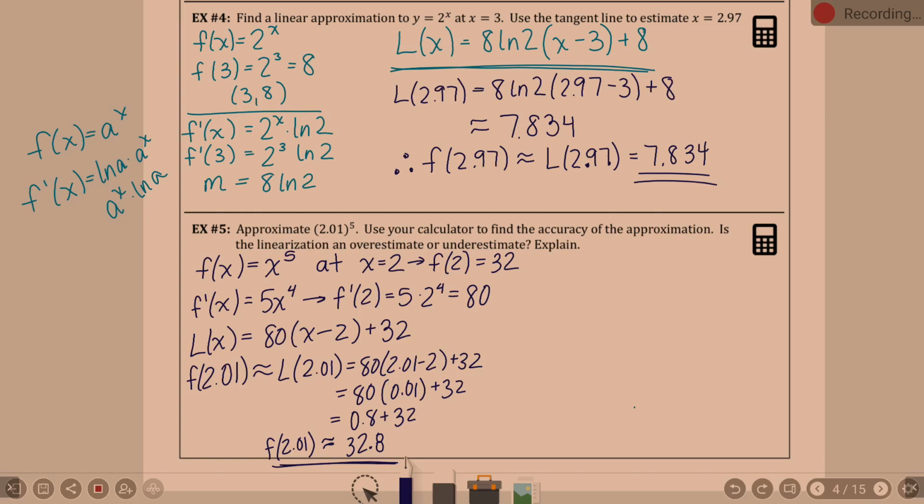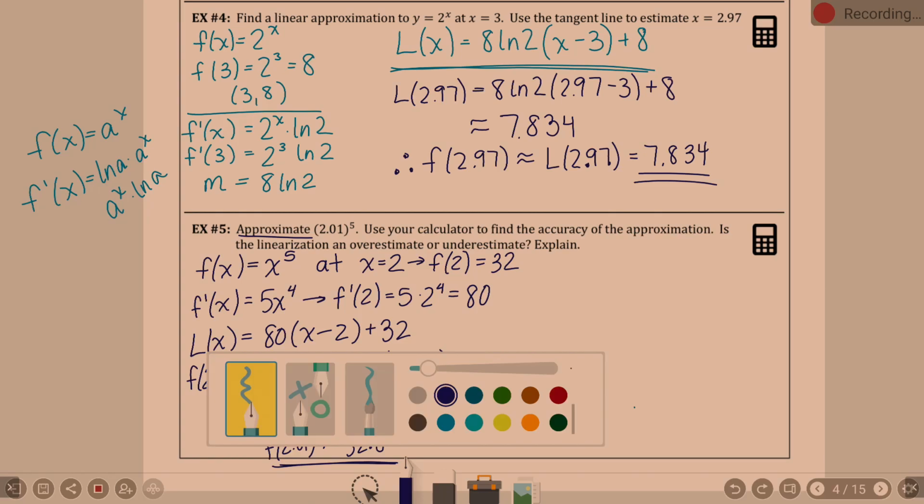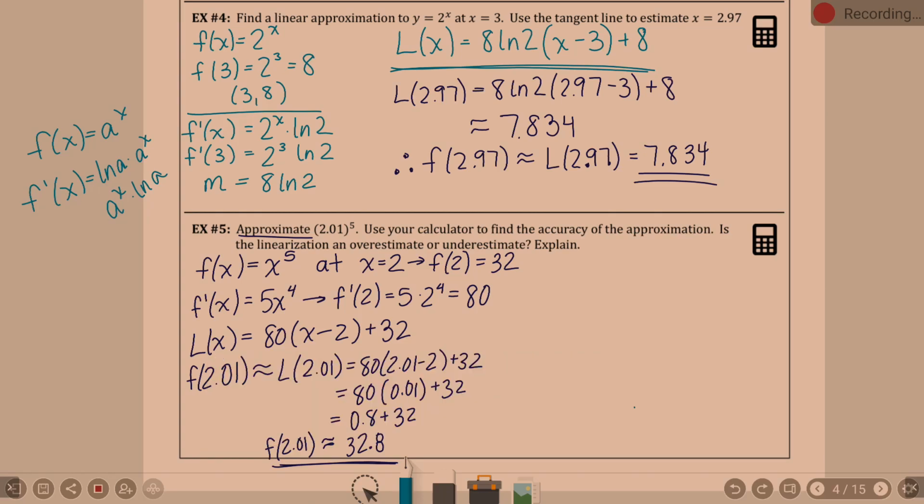Okay. Use your calculator to find the accuracy. So if they're asking us to find accuracy, they're asking us to find the error. When they're talking about accuracy, they're talking about error. So when we start talking about error, I don't know why that word is so hard for me to say, but what is f of 2.01 minus the linearization at 2.01?